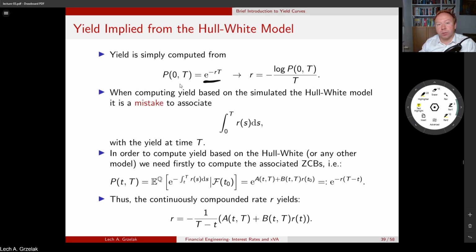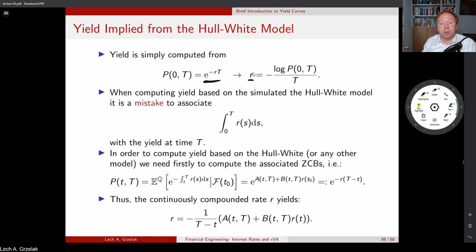And of course, from the theoretical perspective, the zero coupon bond is associated with the expectation of the exponent of minus the integral of the short rates. From here, we can also compute r, and this r is called our yield. The zero coupon bond is a tradable asset. r is the yield that we would receive if we invested some amount of money in this bond and received €1 at maturity.